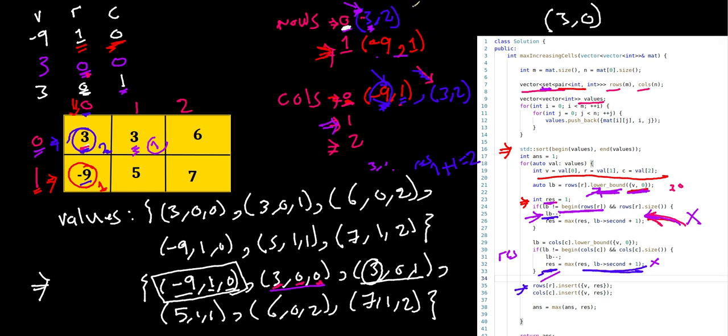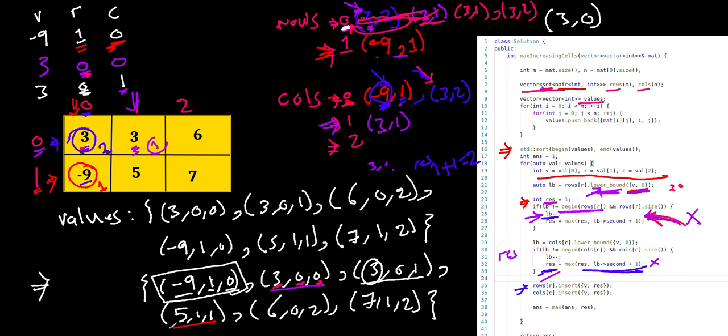So here we have 3, 1, or in the first row, and second column. So here we have 3, 1. Notice that this 3, 1 comes here because this is a set, so at the end it should be sorted: 3, 1. Then we have 3, 2, because we have a set here.